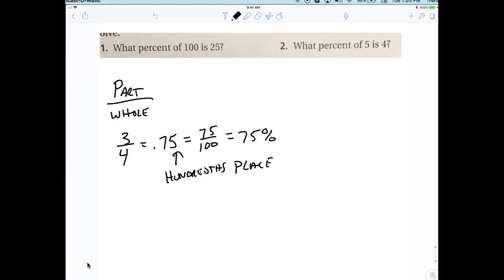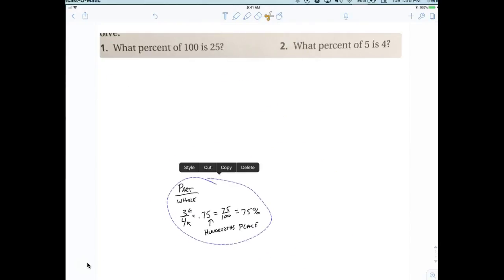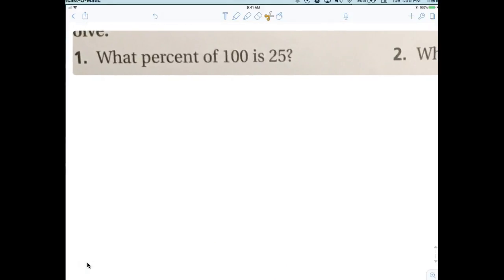Again, 3 is the part, 4 is the whole. Now I need you to sit up and really concentrate on what I'm going to say. Your job right now is to try to figure out which one is the part and which one is the whole for what percent of 100 is 25.